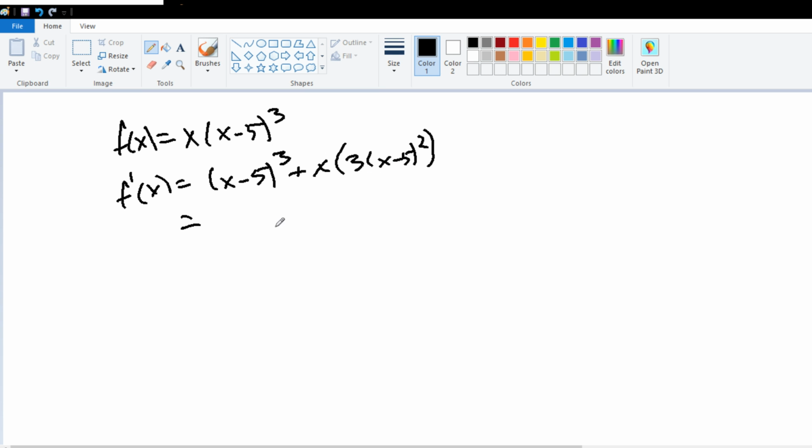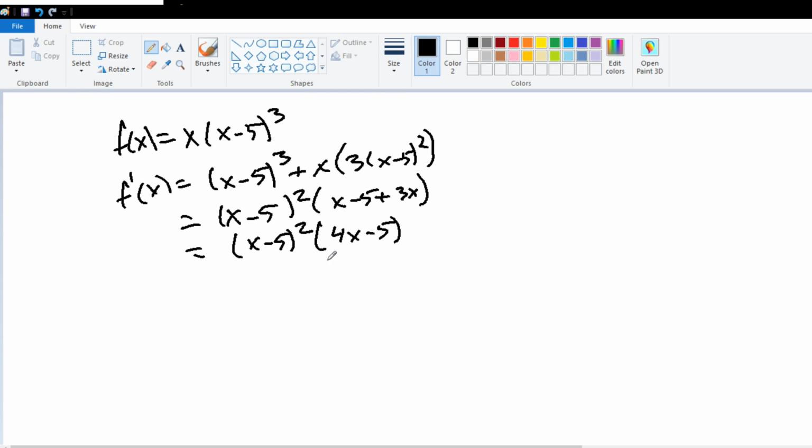Let's factor out (x minus 5) squared. We leave behind 1 times (x minus 5), and then we factor out (x minus 5) squared, and we're left with just a 3x here. So we get (x minus 5) squared times, looks like, (4x minus 5).